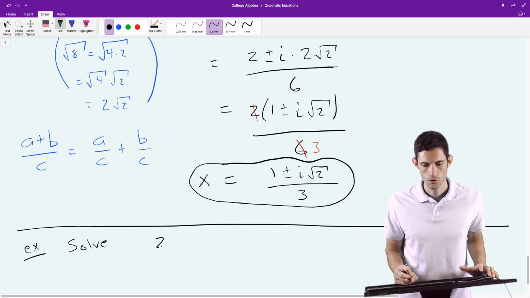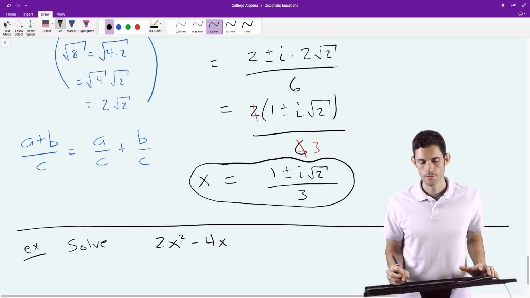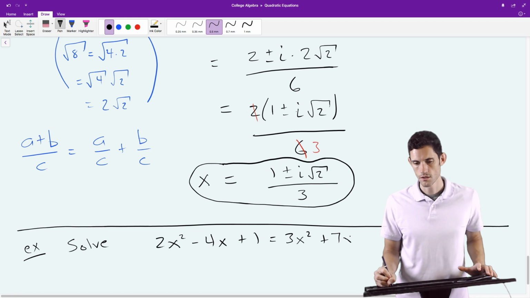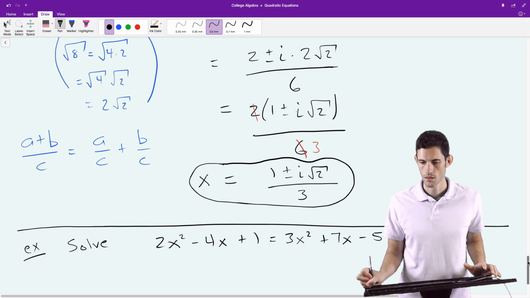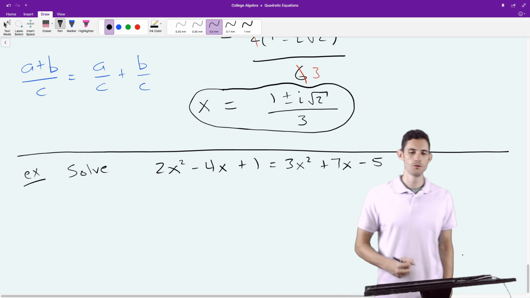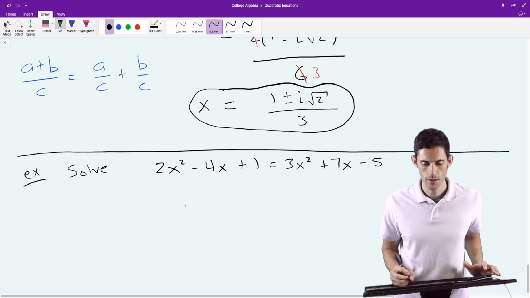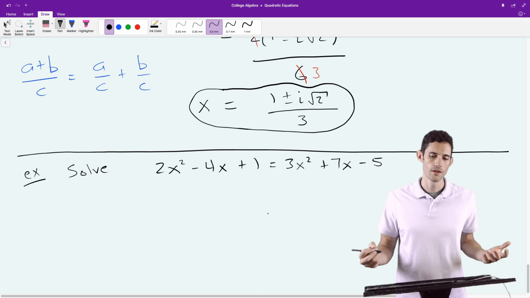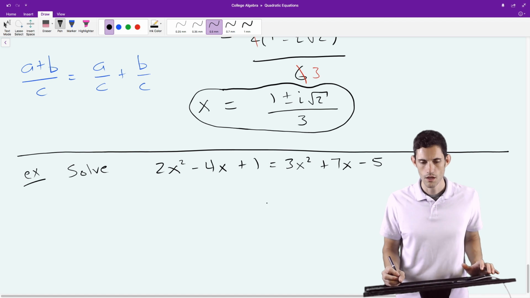What if I have 2x squared minus 4x plus 1 is equal to 3x squared plus 7x minus 5? Well, it looks like I've got two quadratic polynomials here, but really, if you combine them together, it's just one.